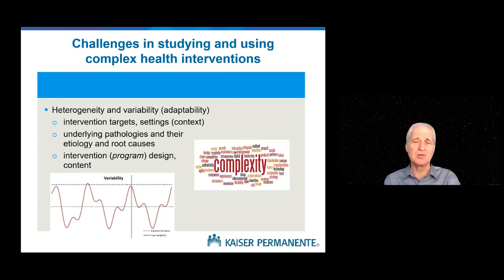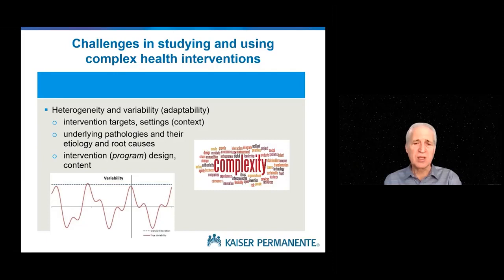Now, again, we could argue that point. There are, of course, genetic differences and many other differences in patients. But generally speaking, I would assert that complex health interventions that target behavior and organizations and communities see much greater heterogeneity and much greater change over time in those settings.